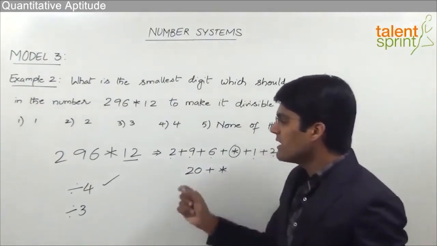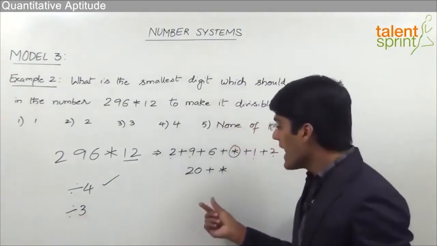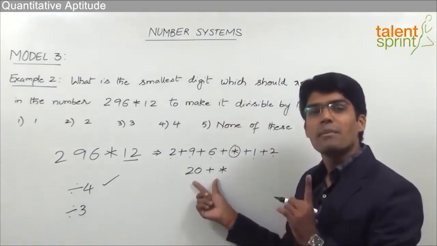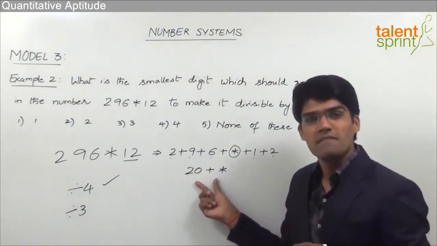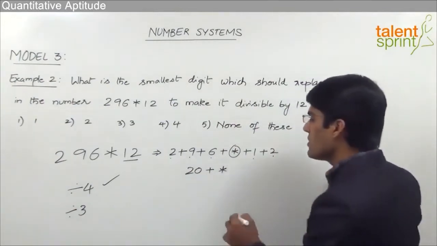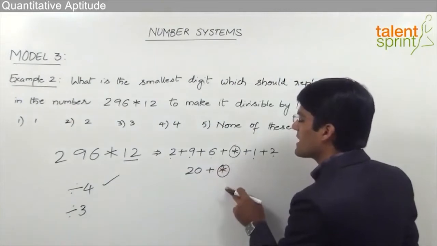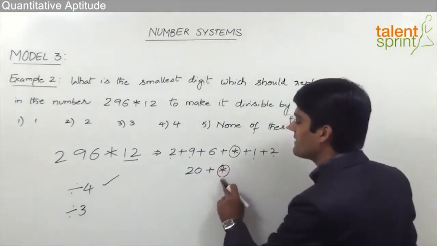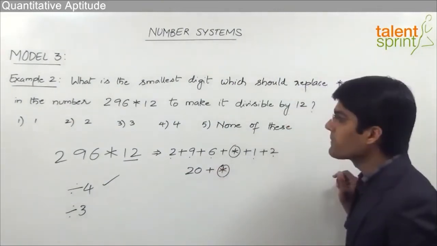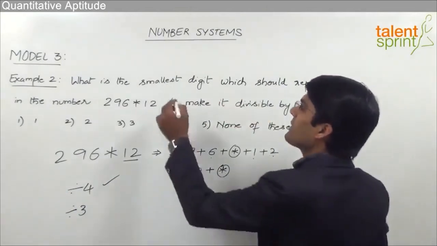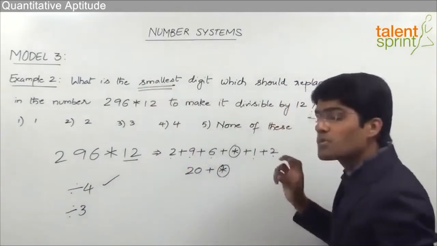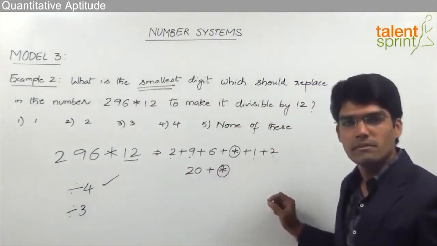Now since we are checking the divisibility for 3, this sum has to be a multiple of 3, or it should be divisible by 3. So we should find the value in place of star so that 20 plus the value becomes a multiple of 3. And since he is asking for the smallest digit, we need to find the smallest such value which can make it divisible by 3.